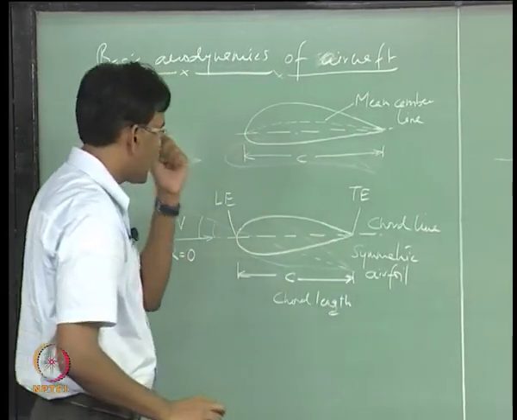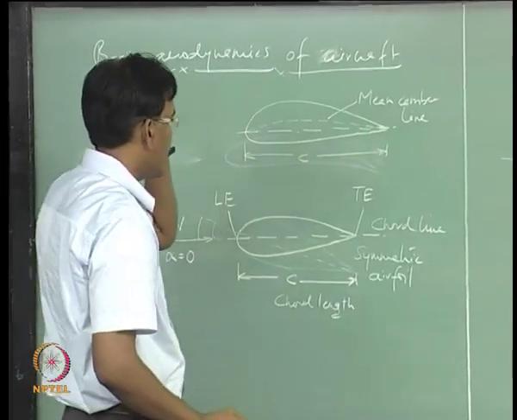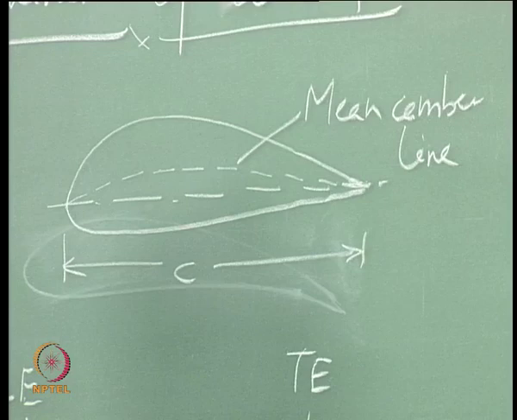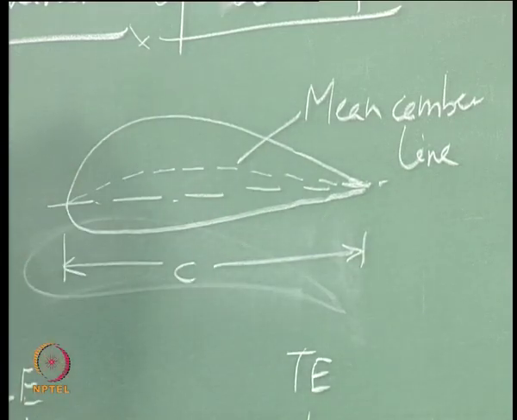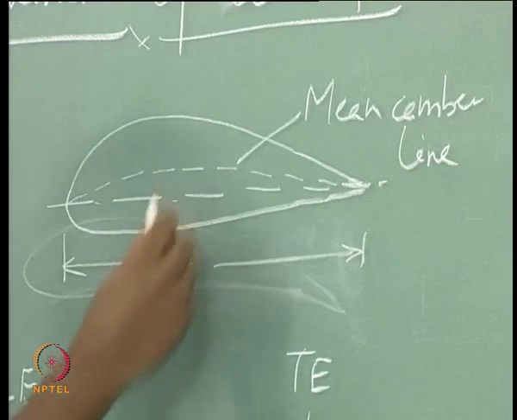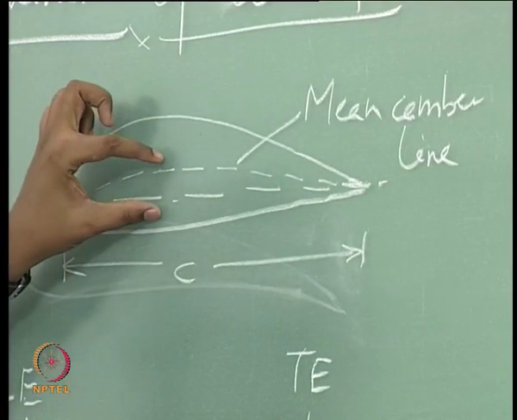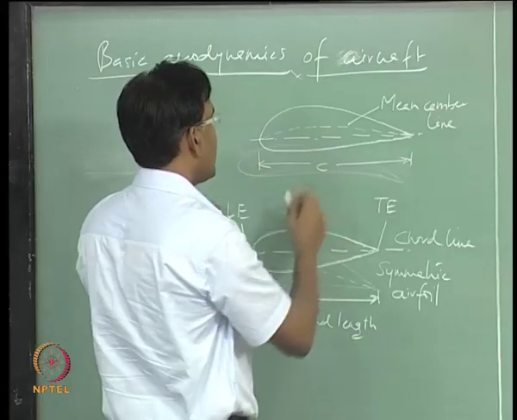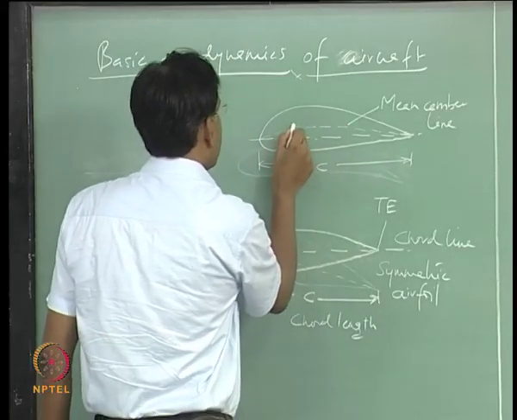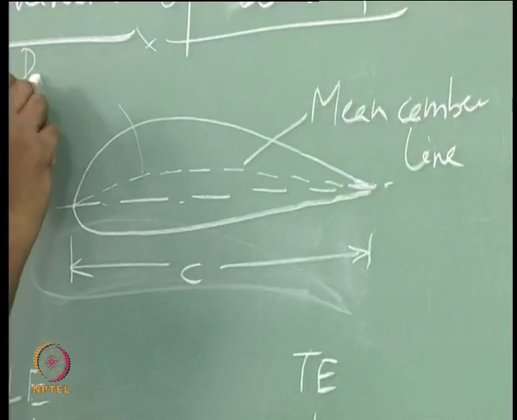In the symmetric airfoil case, the mean camber line is the same as the chord line. So, here the mean camber line is slightly away from the chord line, and when the mean camber line is lying above the chord line, we say that it is a positive camber.